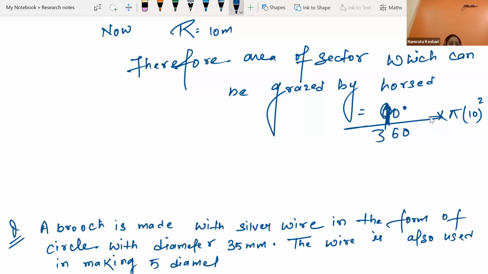Yes, I'm getting 78.54 meters square. Everyone is getting the same 78.54. Are you getting the same? Please let me know.